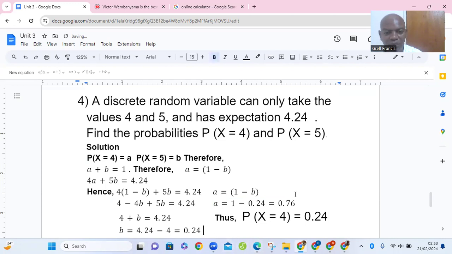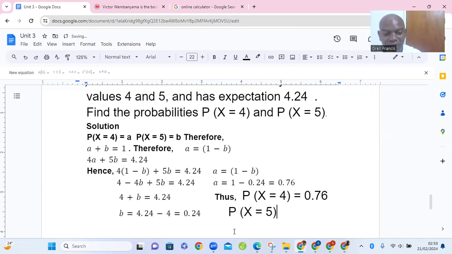And P of X equal 5, which is B, is 0.24. Just because we found B first, that's why I made that little typo. In our calculation, we found B first. But B now is P of X equal 5, which is 0.24.